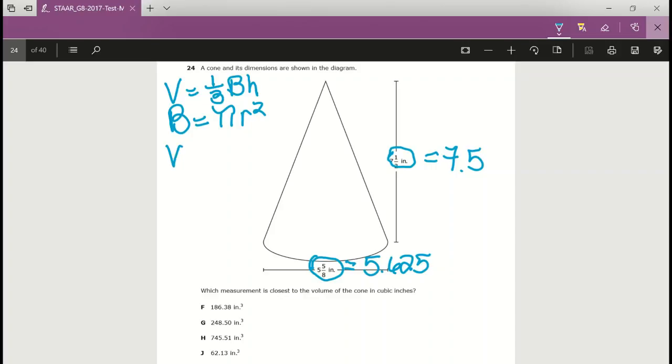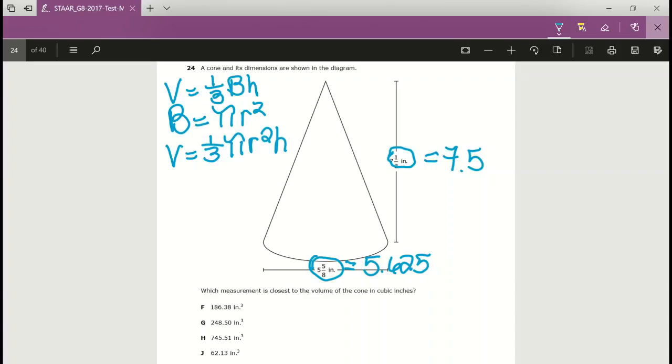So I get volume equals 1/3, for big B I replace it with pi r squared, and then we have h over here.